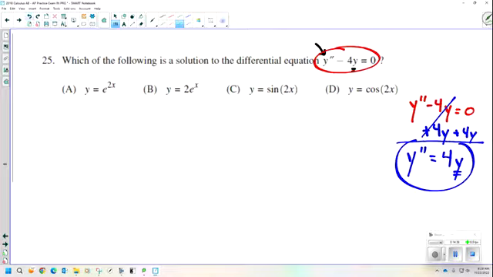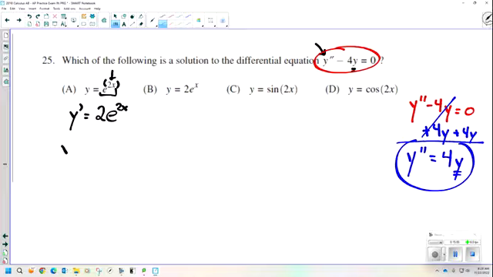I know that when I take the derivative of anything e to the x, it's itself times the derivative of the exponent. So let's find the first derivative of A. The derivative of e to the 2x is e to the 2x times the derivative of the exponent, which is just 2. That's the first derivative.